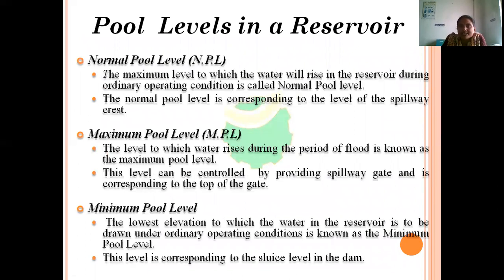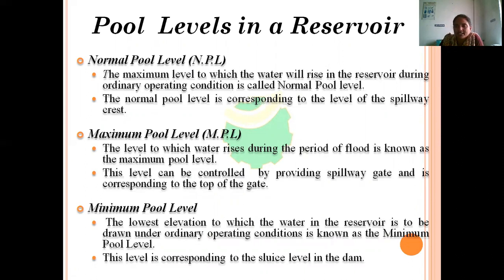Normal pool level means the maximum level to which the water will rise in the reservoir due to ordinary operating conditions. So the dam should be in safe operating condition.